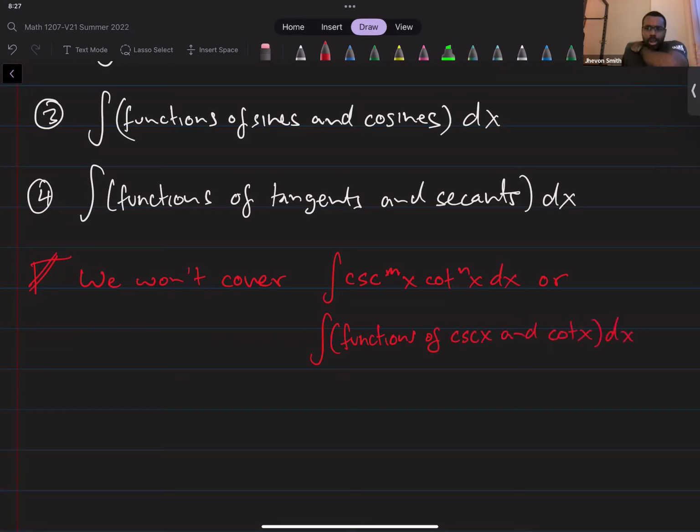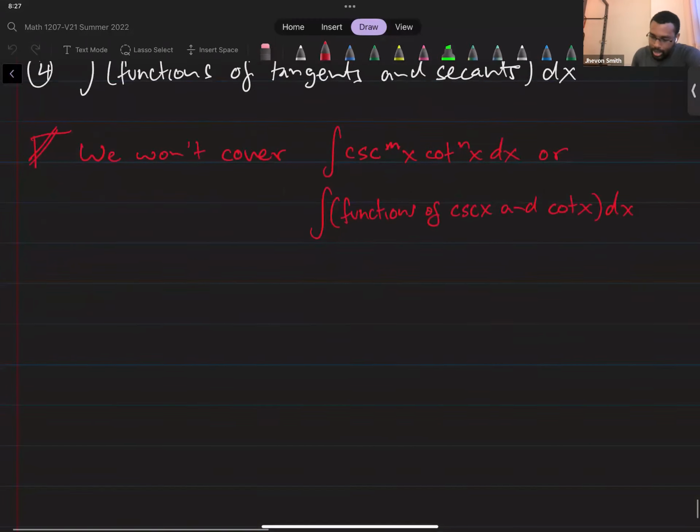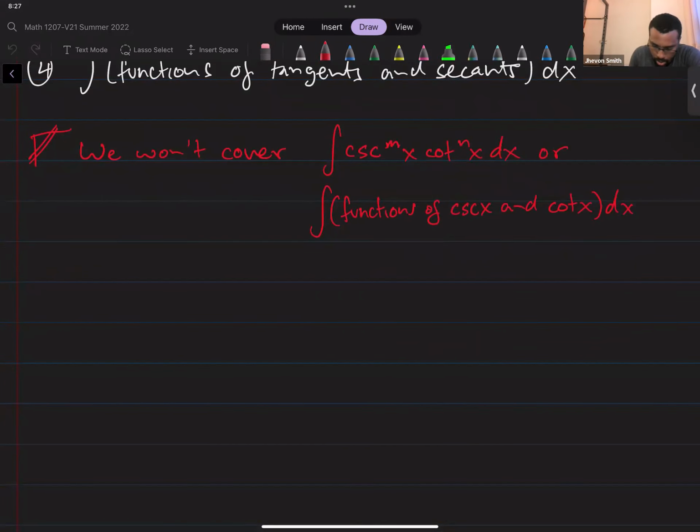I don't know if there are homework problems that these guys show up in, but at that point, just look up the book for the required formulas. It's going to be very similar to the secants and tangents, except there are going to be negative signs in annoying places. So we'll ignore, and they will not be on the test.